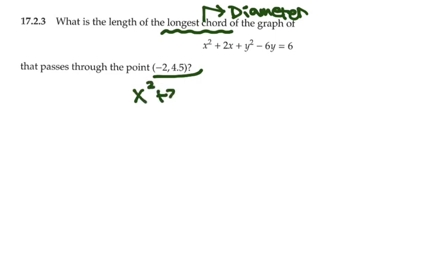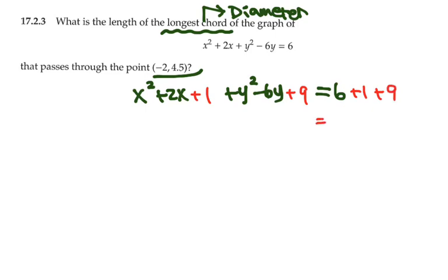So, I'm going to rewrite this one, leaving some spaces in between to complete the squares. First we're looking at 2, so divide that by 2 and then square that. We get 1, so we are adding 1 to the other side. How about here? Negative 6, divide that by 2, becomes negative 3, square that, becomes 9.